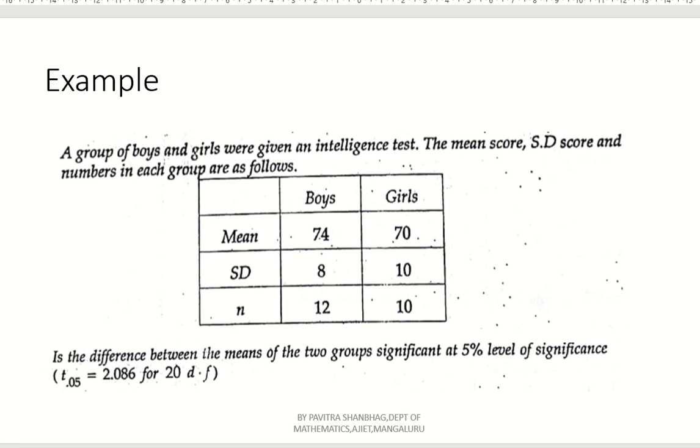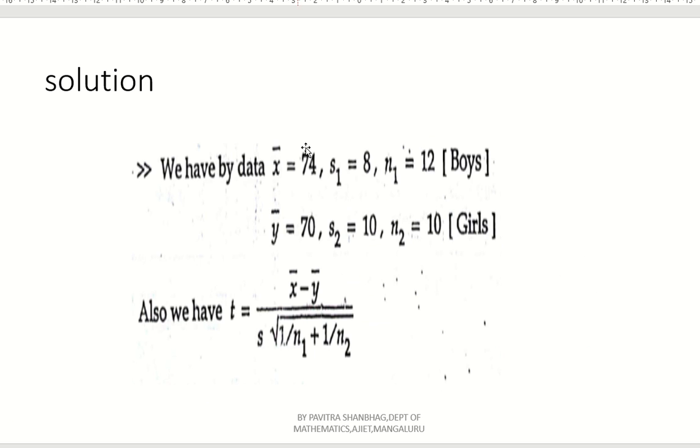Okay. Now here, say we have x bar given, s1 given, n1 given, and y bar given, s2 given, n2 given. There are two different cases, right? So what we have to do? We have to calculate the difference between these two. So x bar minus y bar divided by S into, this is the formula to compute when two different data sets are given.